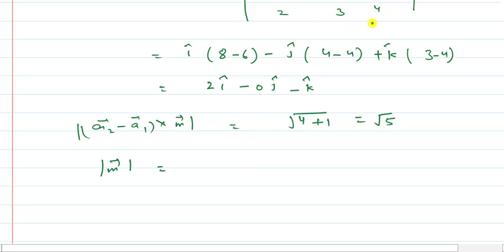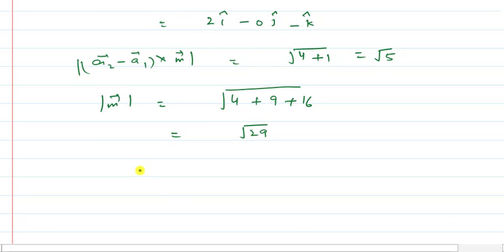We have 2, 3, 4 over here, so it is root of 4 plus 9 plus 16, which is root 29. Therefore the shortest distance between these two parallel lines is root 5 upon root 29.